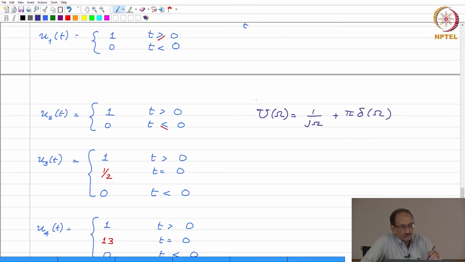Suppose I take U of omega, which is this, and then I take the inverse Fourier transform, right. I should get back u of t. Which u of t will I get back? u1 of t, okay, your favorite unit step function.